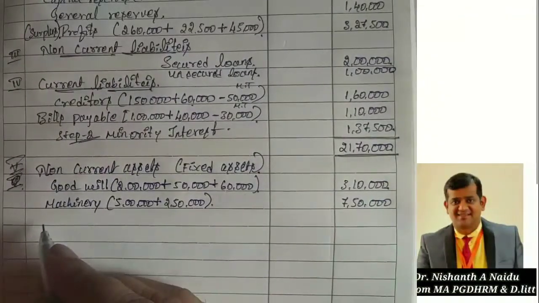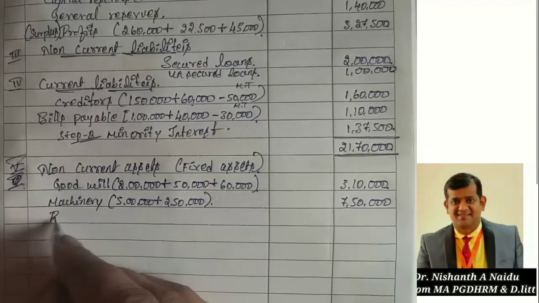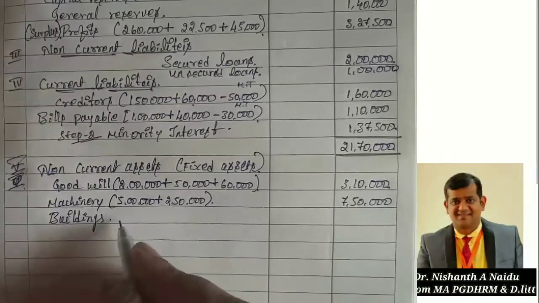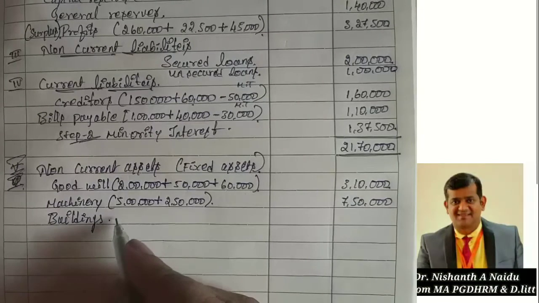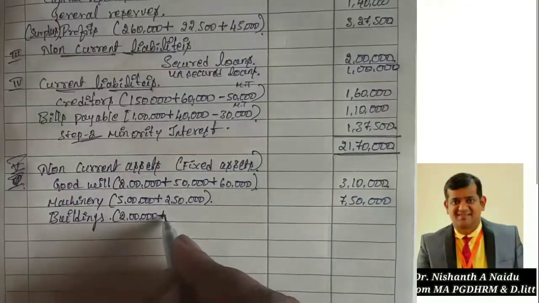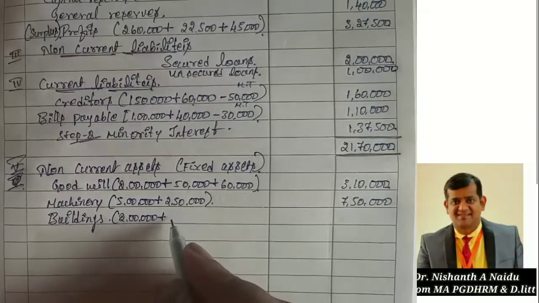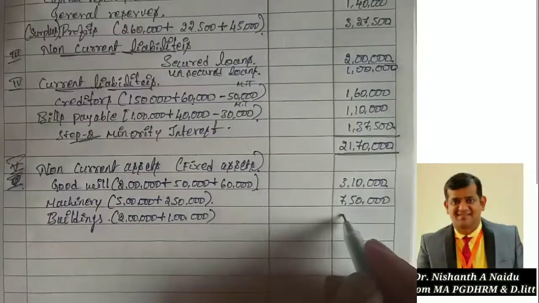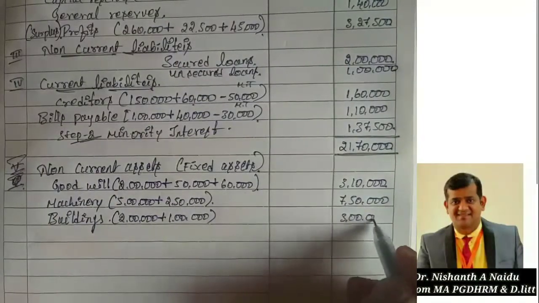Then he has given buildings. What is the value of buildings? 2 lakh plus 1 lakh, put together it is 3 lakh.